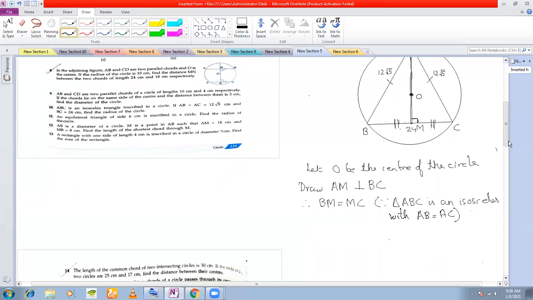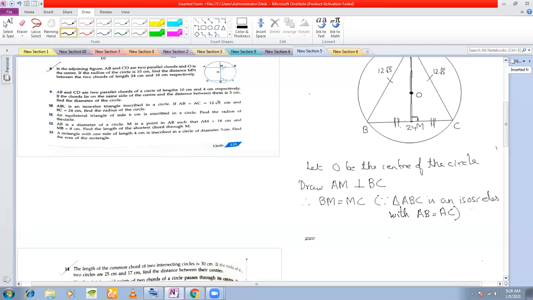Okay, that means if BM is equal to MC, that means AM is the perpendicular bisector of the chord BC. AM is the perpendicular bisector of the chord BC.